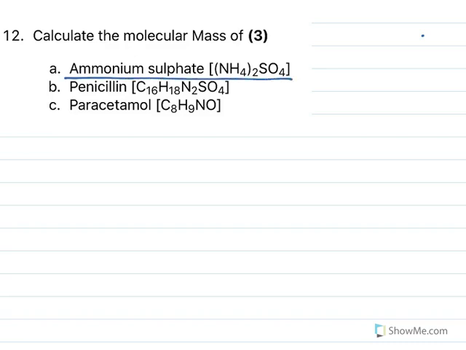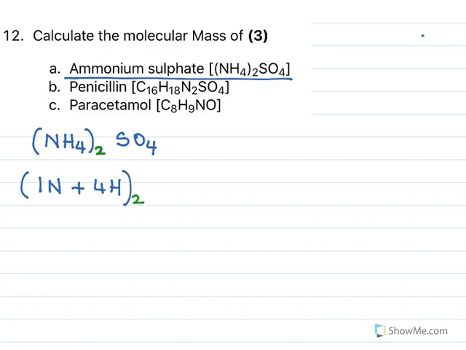Calculate the molar mass of the following. First, we'll take ammonium sulfate. So we have (NH4)2SO4. In this bracket, I have 1 nitrogen plus 4 hydrogen, bracket 2, this 2, right?